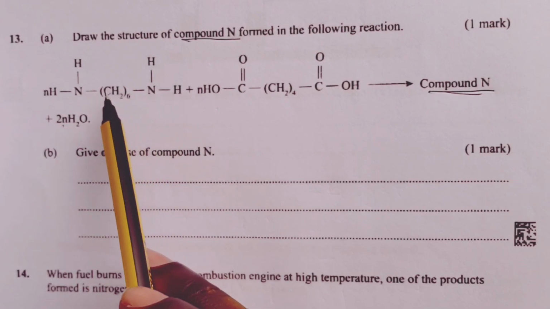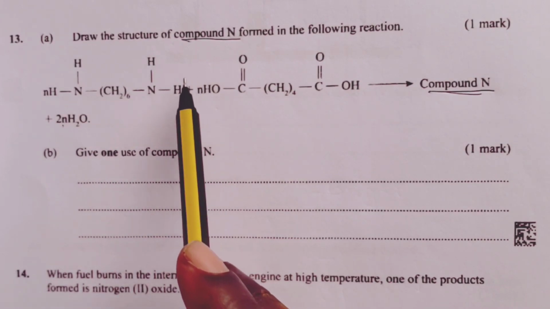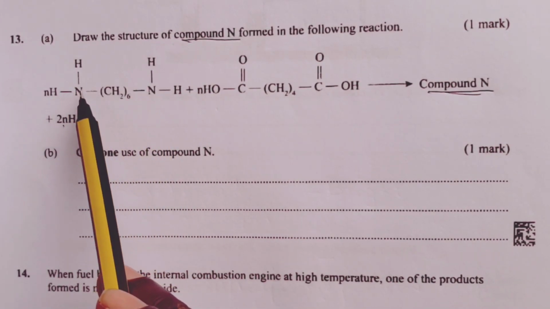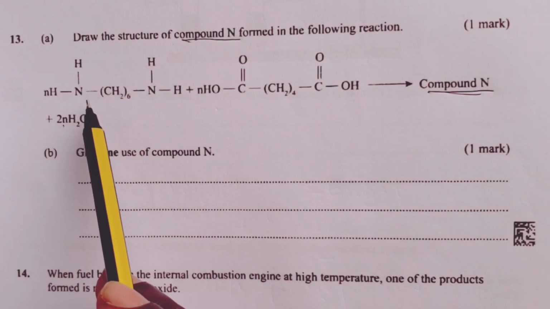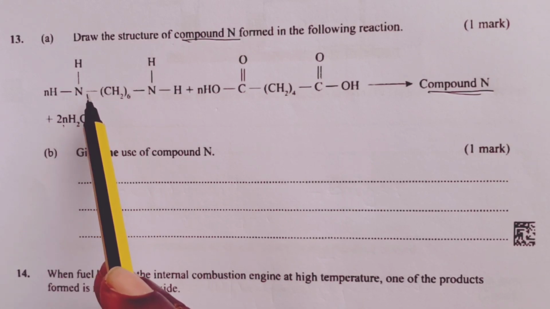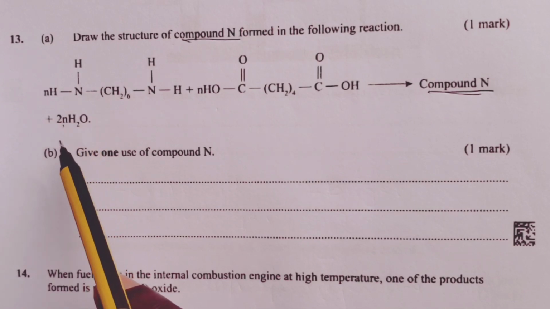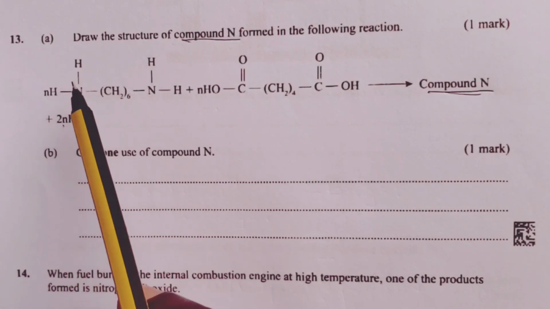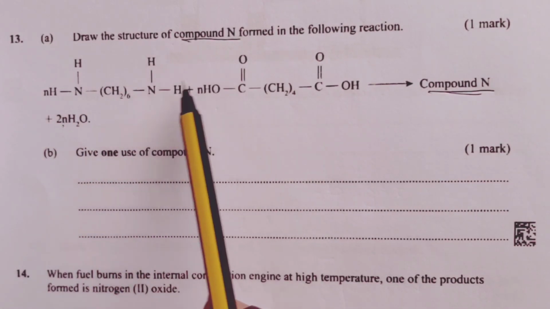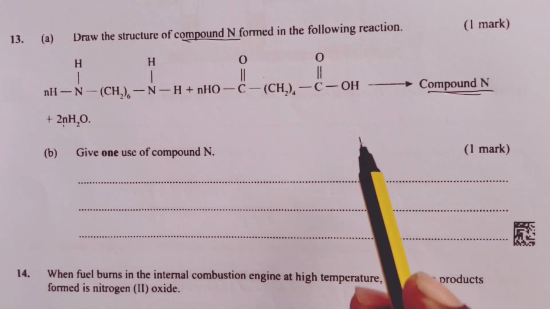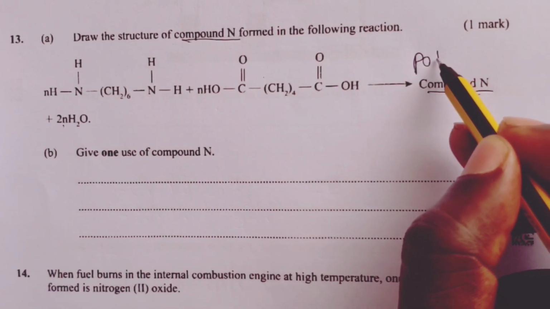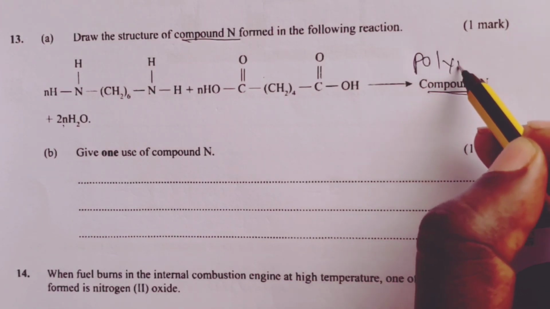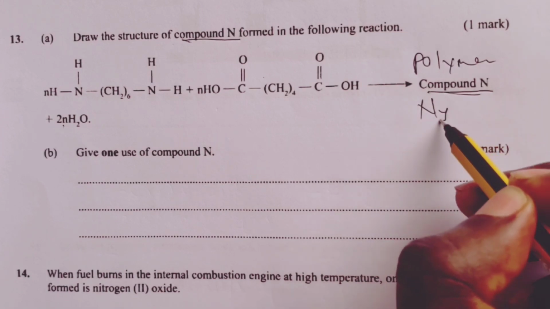Now, this reaction is a bit complicated, but any student who has undergone what we call organic chemistry 2 under the section of polymers, you should realize that these 2 monomers actually produce our polymer, which has the name nylon 6,6.